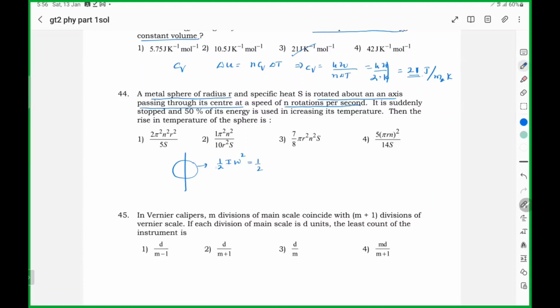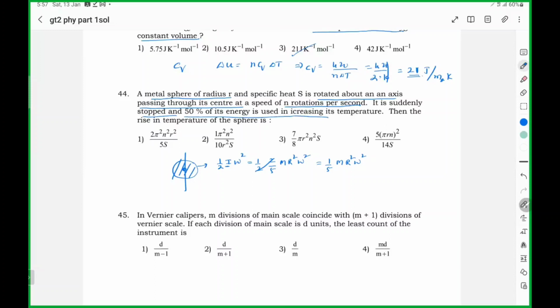So here I is, it is a solid sphere by default, 2 by 5 m r square omega square. So the rotational kinetic energy associated with this, about the axis it is rotating on, which passes through the center, is this much.